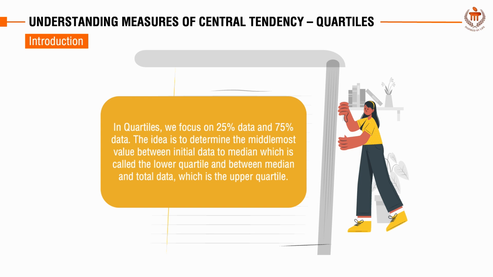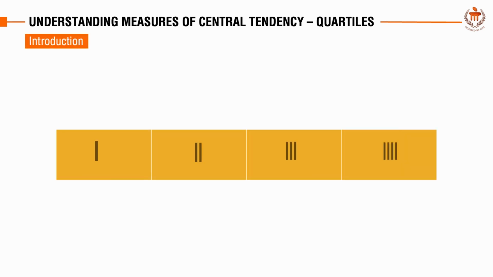In quartiles, we focus on 25% and 75% of the data, where the idea is to determine the middlemost value between the initial data and the median, which we call the lower quartile or Q1, and similarly between the median and the end of the data, where the middlemost value is called the upper quartile.